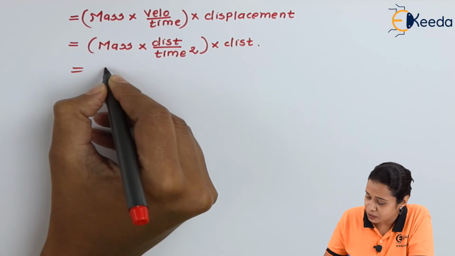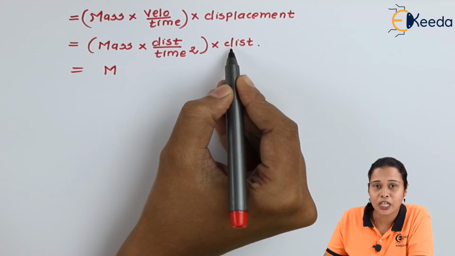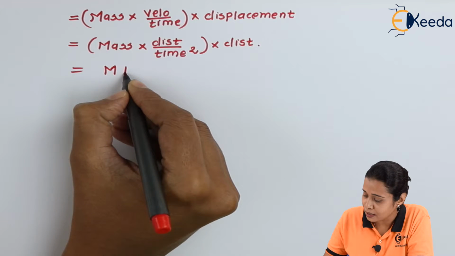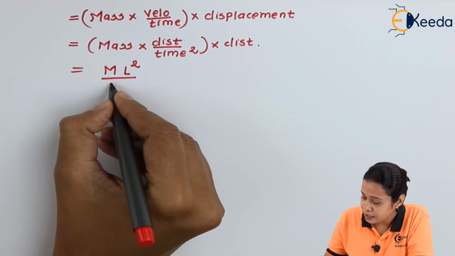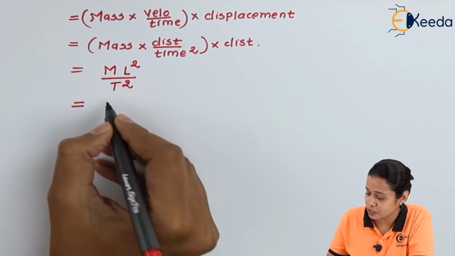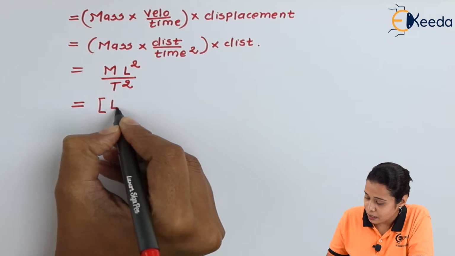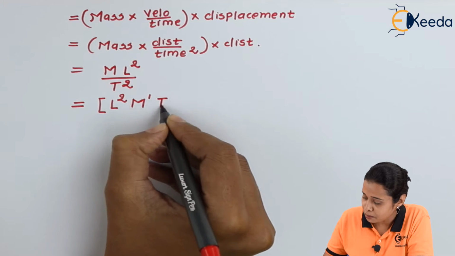Now here we have the terms: m for mass, then distance times distance, which means L square upon T square. Hence the dimension for this quantity will be L square m1 T minus 2.